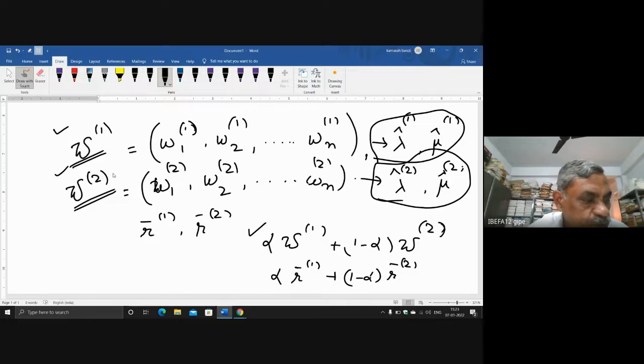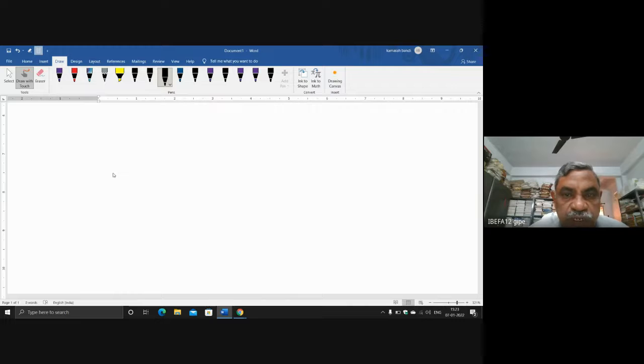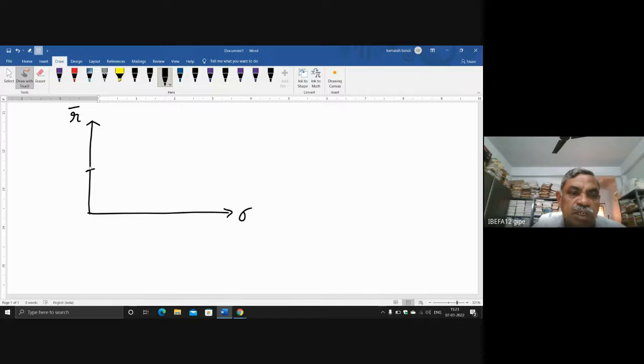Now coming to our purpose, right? For CAPM, there is a market. Let us say stock market, right? So for the stock market, you introduce what is known as a risk-free asset.